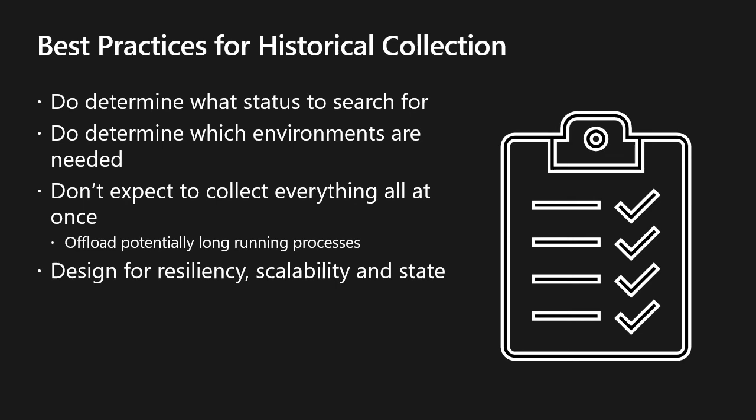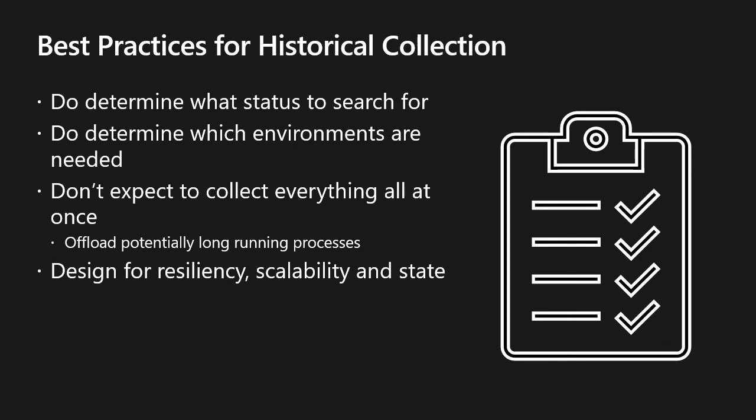In our example, we're offloading those potentially long-running flows to a process that is better suited to process those, so maybe it's available to scale out across nodes. Determine what environments you really do want to collect on. This can get very chatty very quickly.